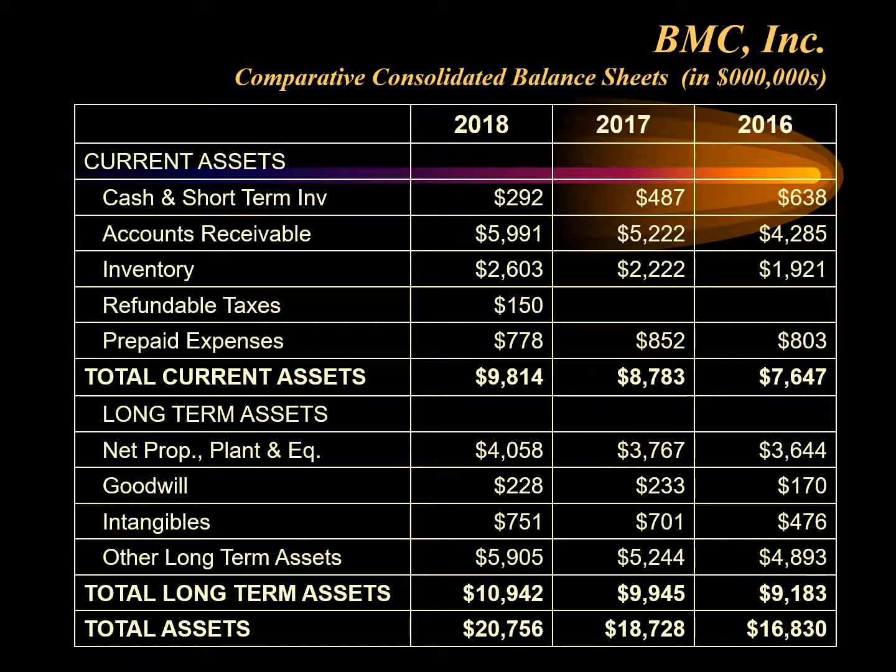Okay, the next account there is Goodwill, and not all companies are going to have Goodwill. Goodwill arises in the case of a takeover or when you buy out another company. So if Company A buys out Company B, and Company A pays more than the net identifiable value of the assets of Company B, then that difference becomes Goodwill.